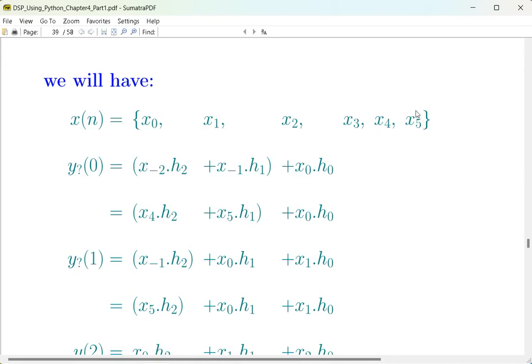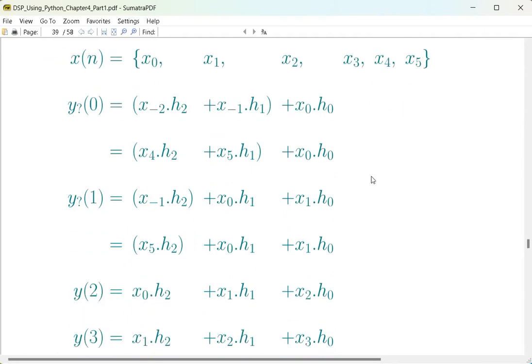That's the tricky way. So we need to save. That's the name of the method. We need to save 2 samples from the input sequence for the next operation.